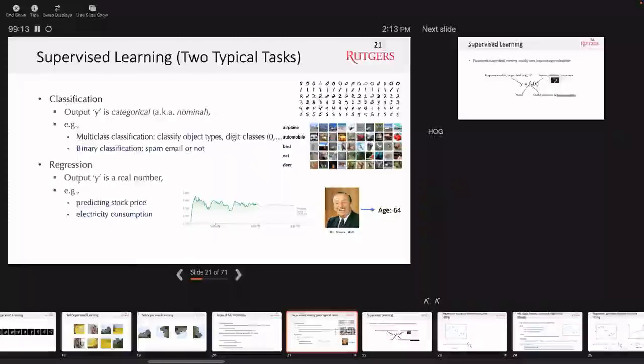Again, treat it as a real number, so this is a regression problem. Okay? So this is classification and regression. Any question at this point? It should be clear what's classification and what's regression.